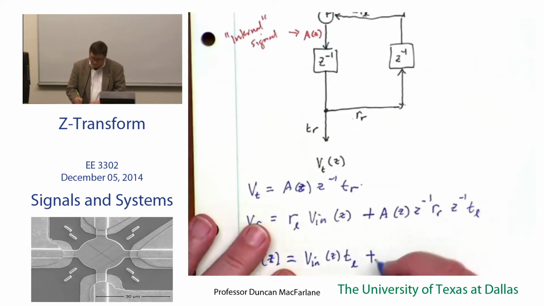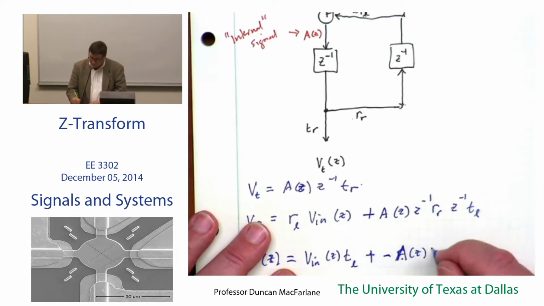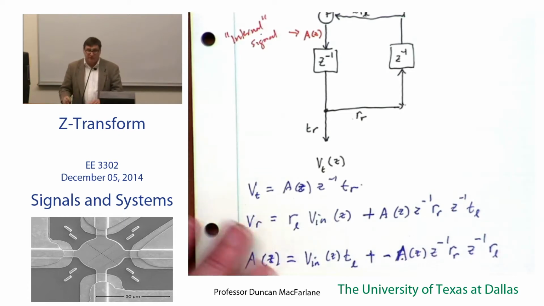So this is equal to minus A of z, z to the minus 1, RR, z to the minus 1, RL. And the minus sign comes in from the sign on the RL.